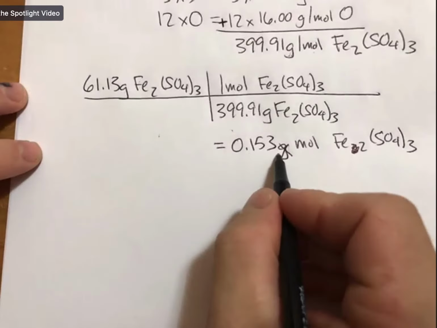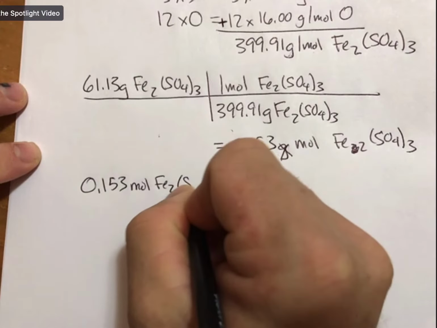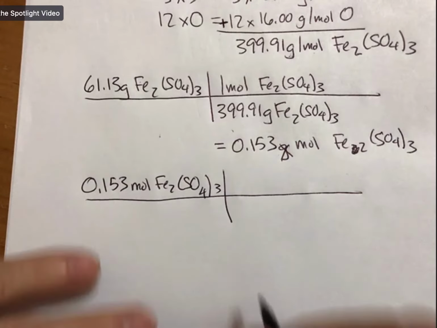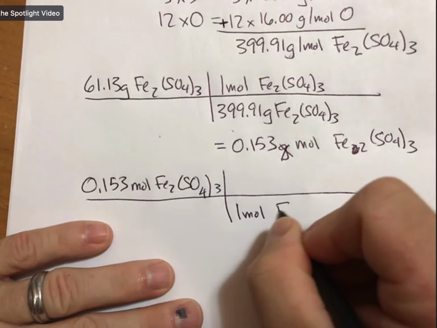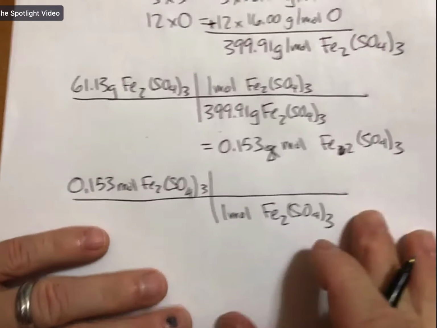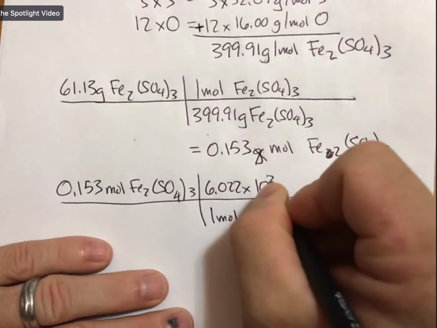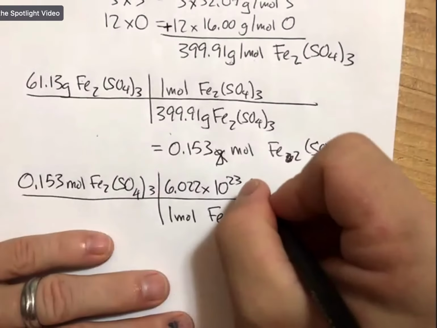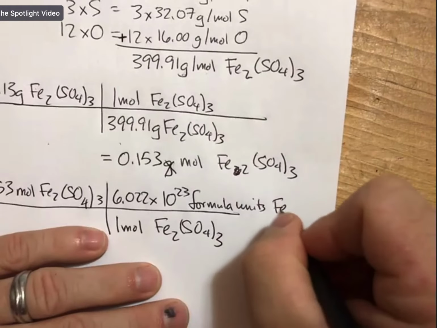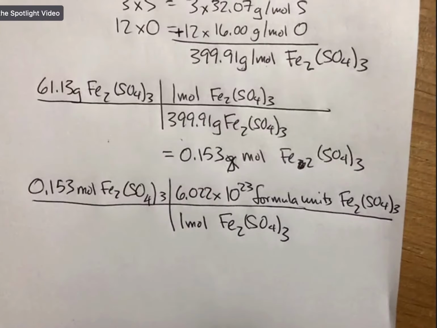So now I know how many moles I have, and I know that in 1 mole of anything, there are 6.022 times 10 to the 23 formula units of iron(III) sulfate, Fe2(SO4)3.